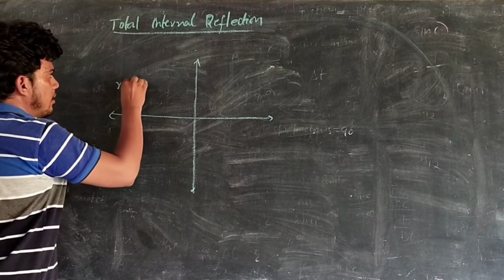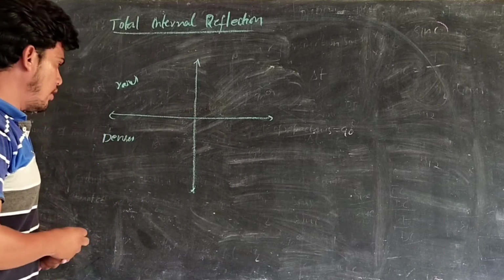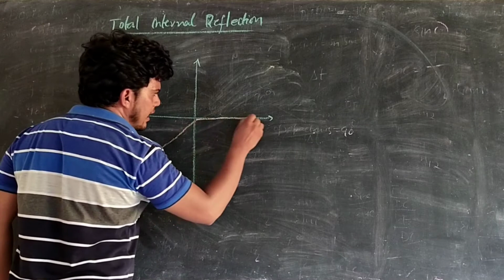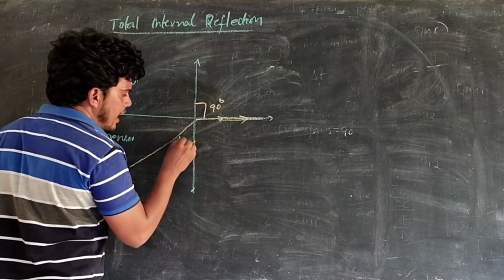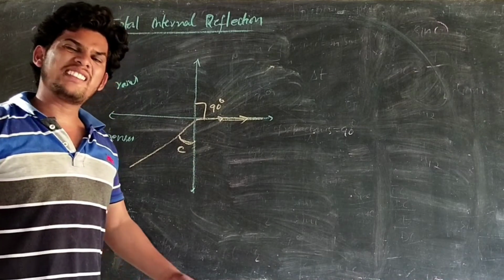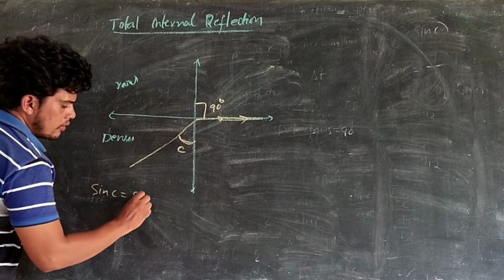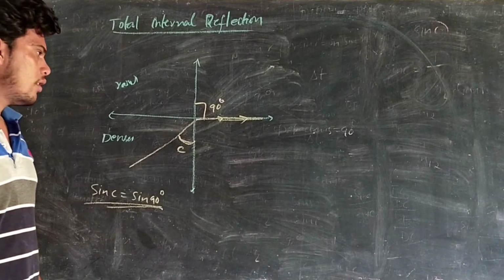This is the rarer medium and this is the denser medium. When we pass light at a certain angle, if the angle of refraction is 90 degrees, then this angle is called the critical angle. It also obeys Snell's law. How? Sin C equals sin 90 degrees, like this in Snell's law.